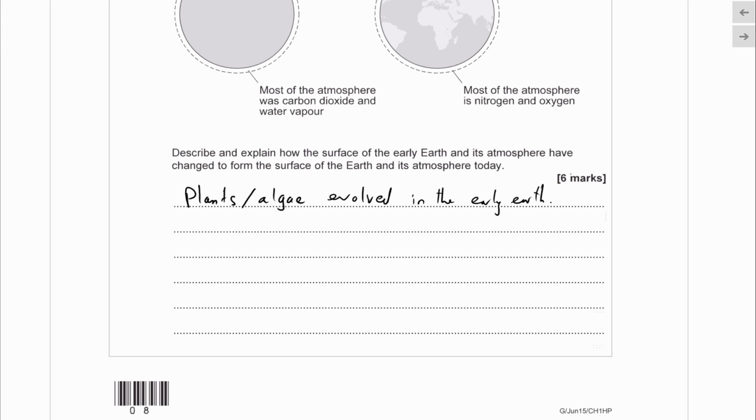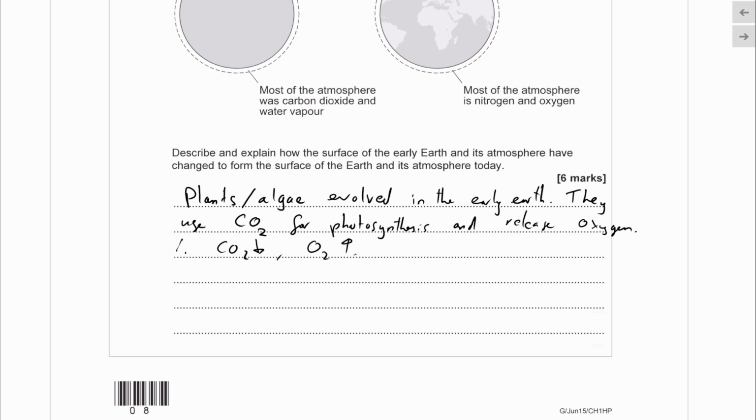They use CO2 for photosynthesis and release oxygen. Okay, so therefore CO2 levels go down, O2 levels go up, right? You wouldn't write it in those sort of bullet points because you're marked on your English, but this is just to get the points across.